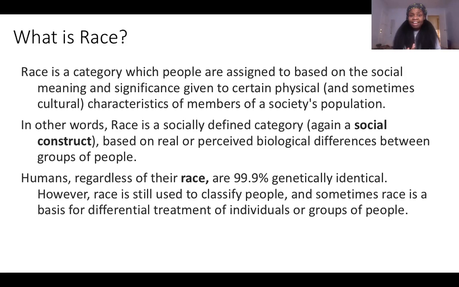Can you track ethnicity? Yes, and that's different. But race, no. Okay? Race is still used to classify people, and sometimes race is a basis for differential treatment of individuals or groups of people.